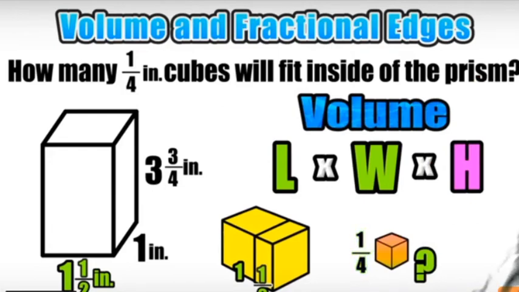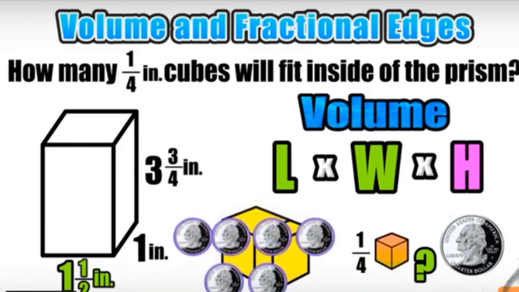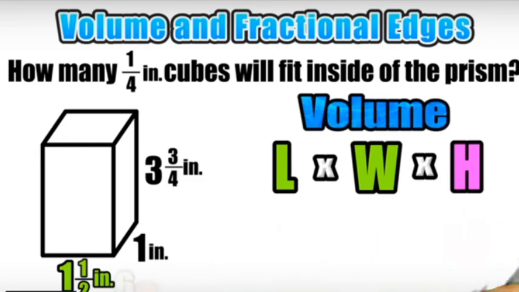Think about this in terms of money. A 1/4 inch unit cube would be like a quarter, and that 1.5 inch measurement would be like $1.50, or 6 quarters. So now we can replace that measurement of 1 1/2 inches with 6 1/4 inch cubes.